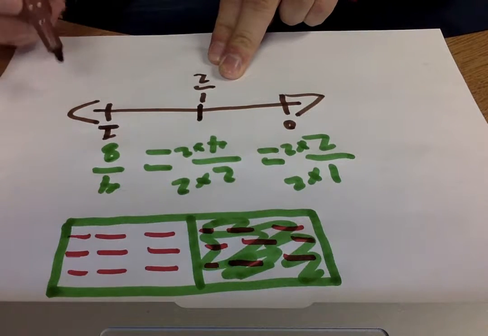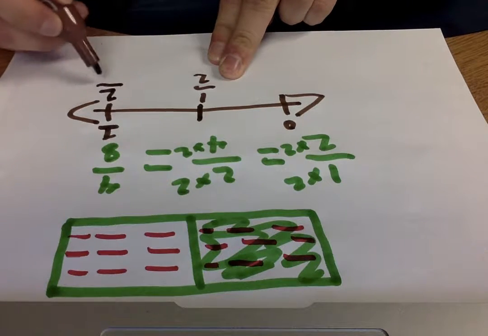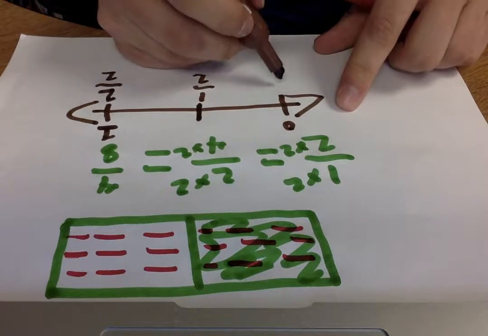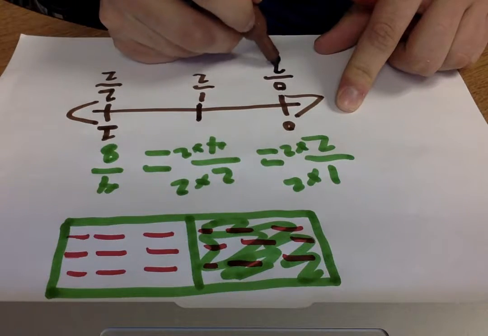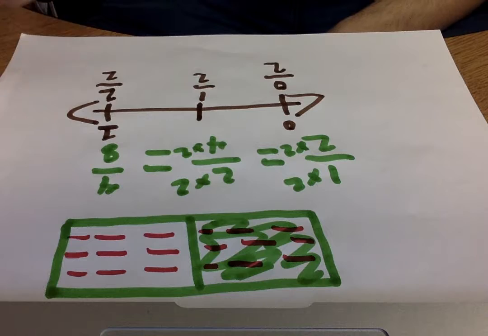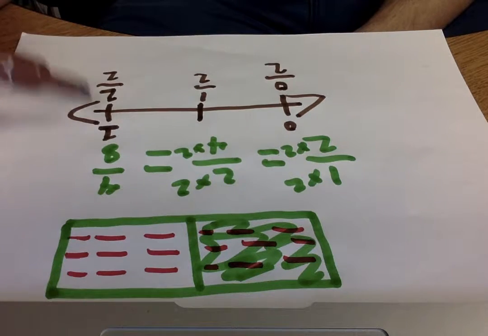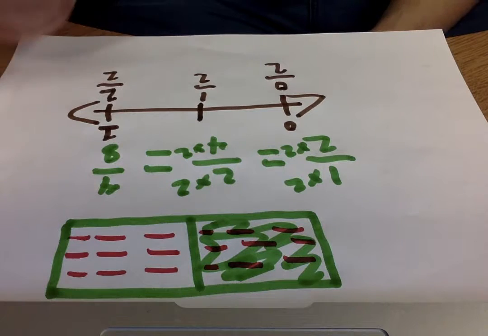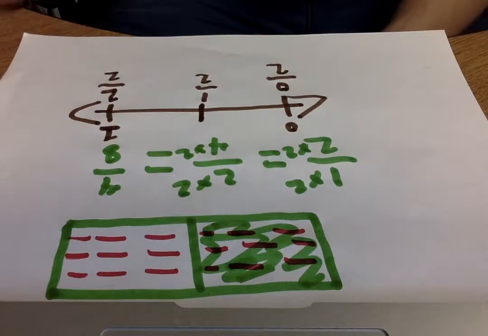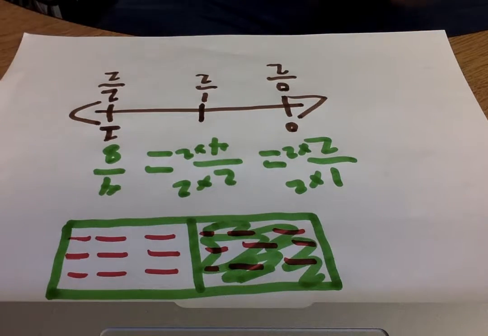So my whole number here would be 2/2, and my 0 would be 0/2. These are my benchmark numbers. I can always start by placing my 0 and my whole and finding my whole fraction and my fraction with a numerator of 0 and then the halfway mark.